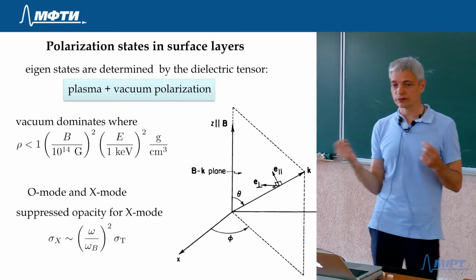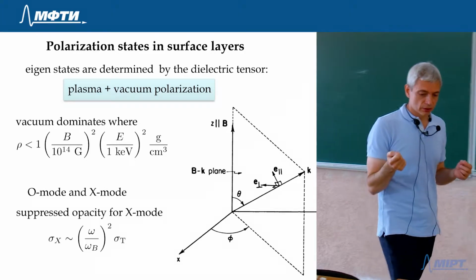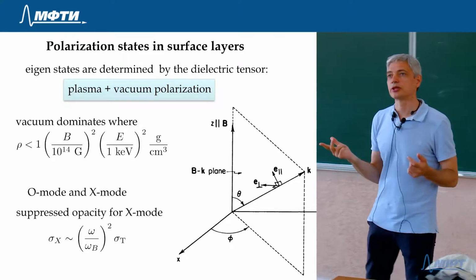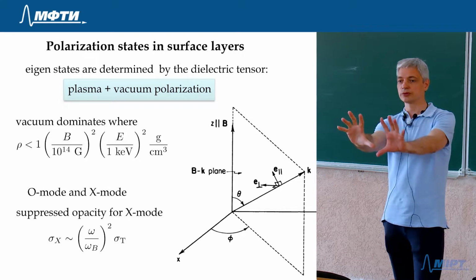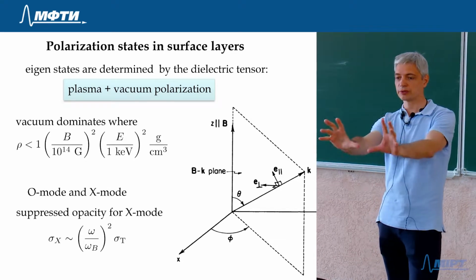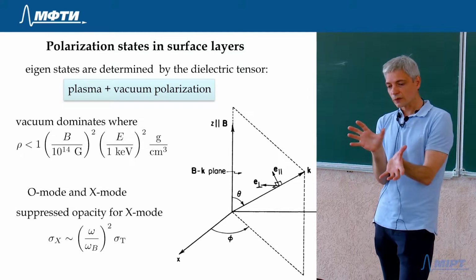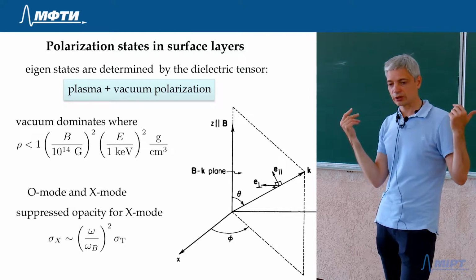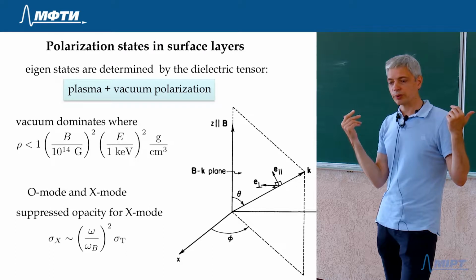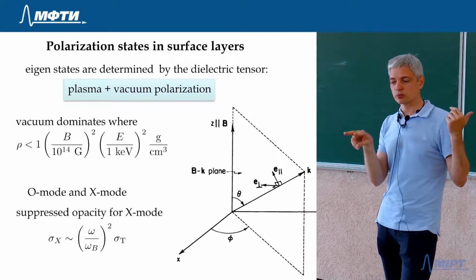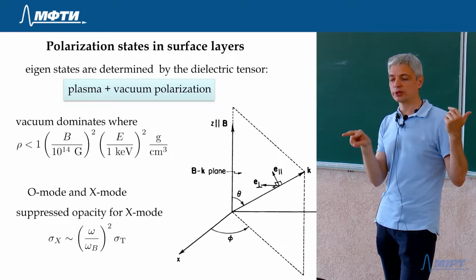Now, the implication of this distinction, well, let me ask you then. Can you tell me, when you look at the surface of a strongly magnetized neutron star, and there are photons streaming from the star, you would expect that one of these two polarizations would completely dominate the observed flux.